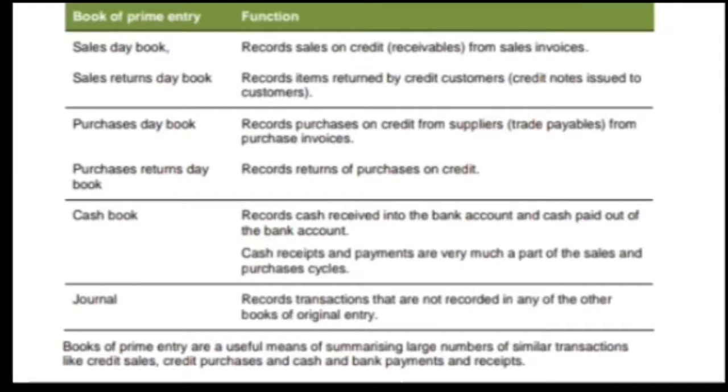The cash book is used to record all the transactions made either in cash or through the bank account. Then the journal. Journal means all the transactions of the above books of prime entries are totaled, and then a single entry is passed in the books, and that is called the journal.